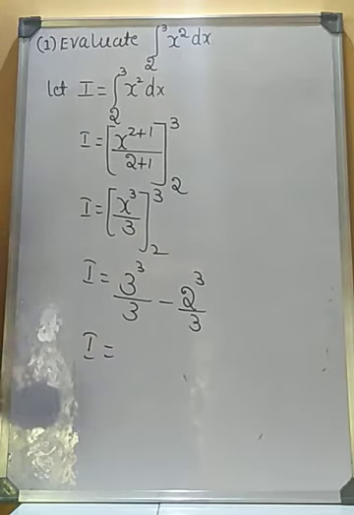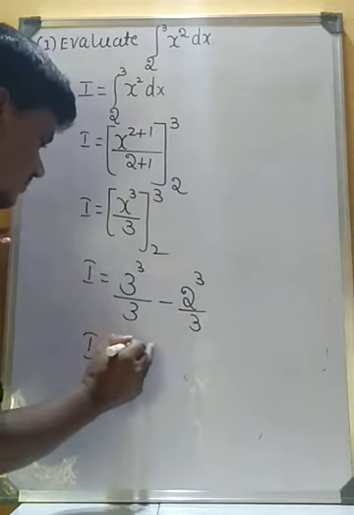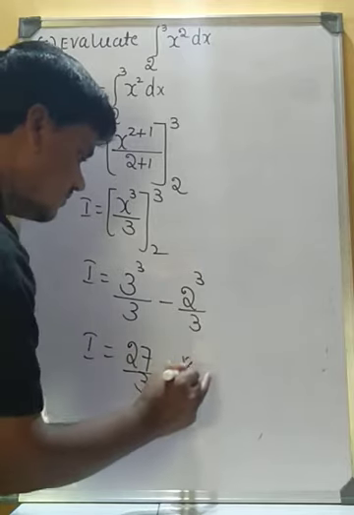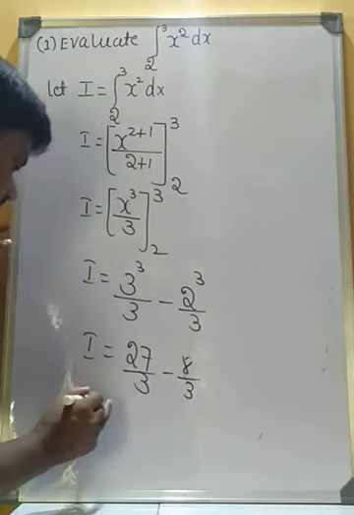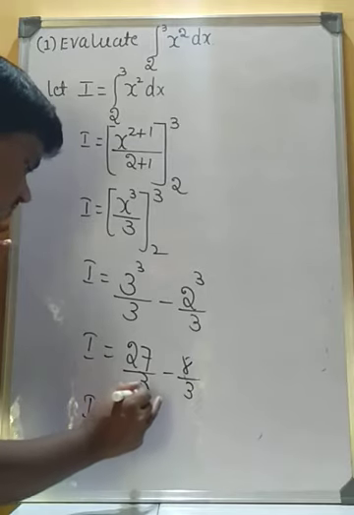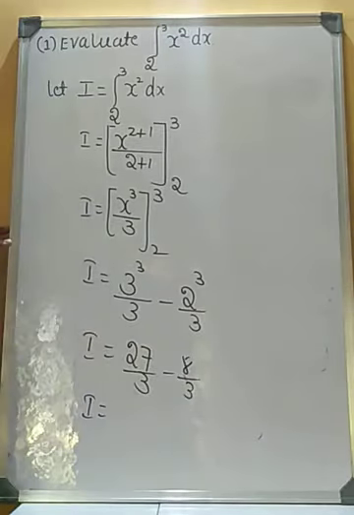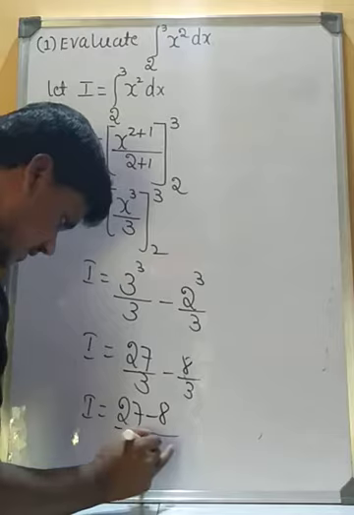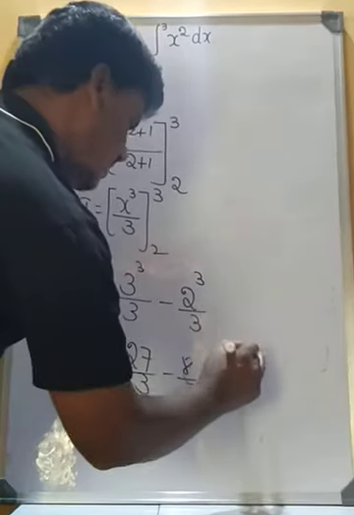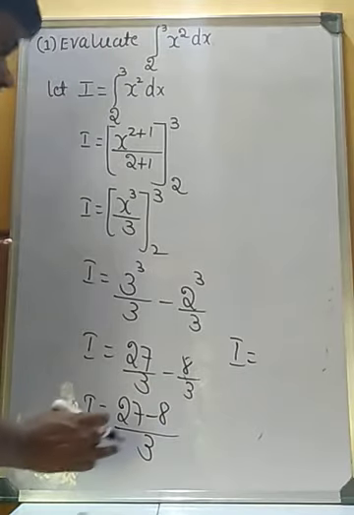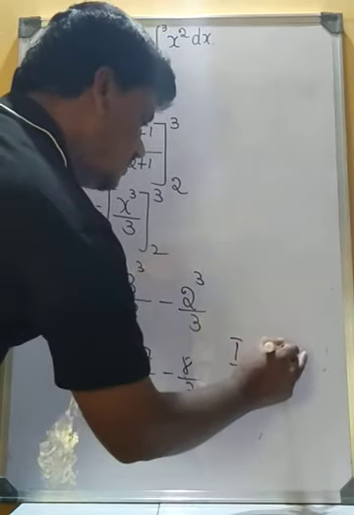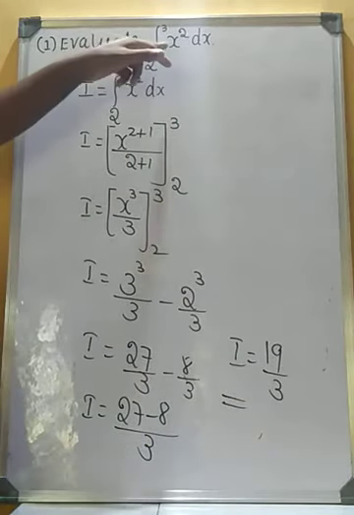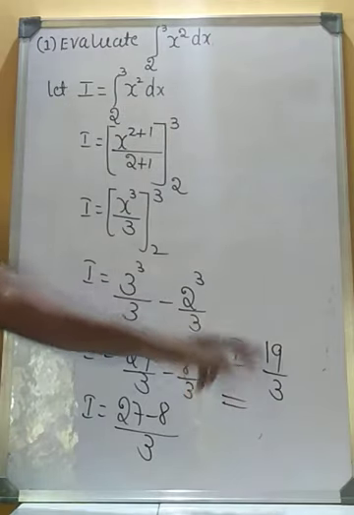Therefore I equals 3 cube, value 27, divided by 3, minus 2 cube, value 8, by 3. The denominators are the same, so subtract the numerators: 27 minus 8 divided by 3. Therefore I equals 19 divided by 3. The value of this integral is 19 divided by 3.